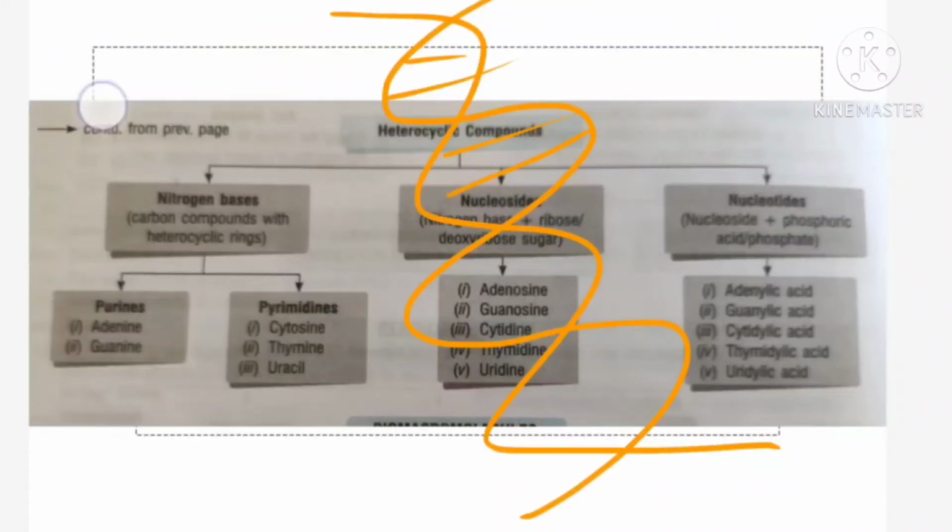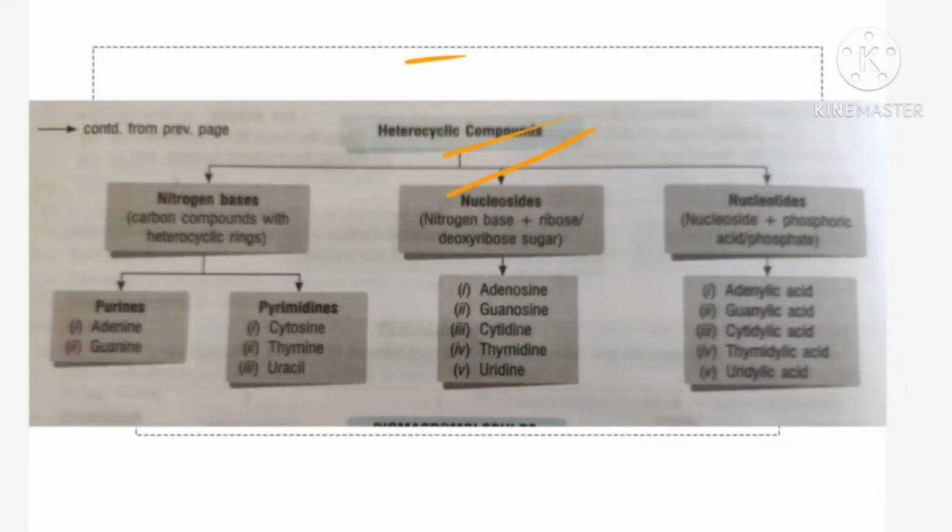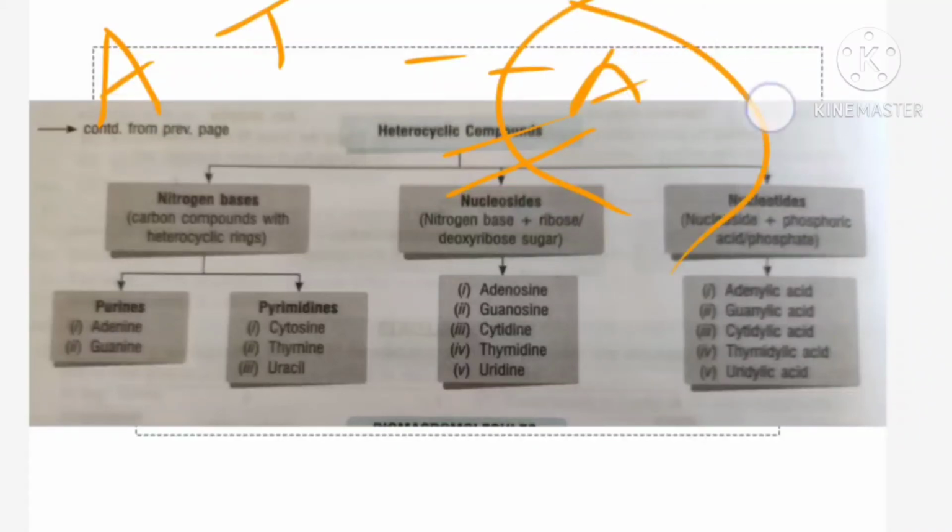If in one strand adenine is present, then opposite in the other strand you can find thymine, and within them there will be a double bond. So adenine and thymine are nitrogenous bases.